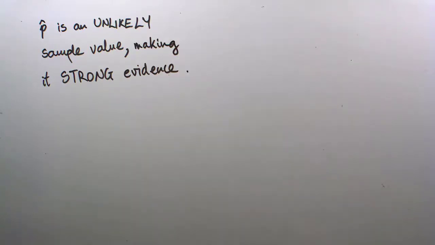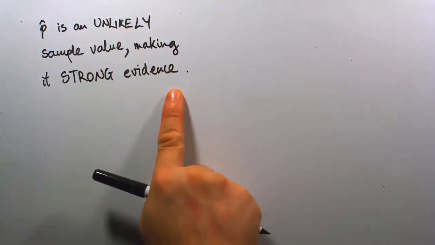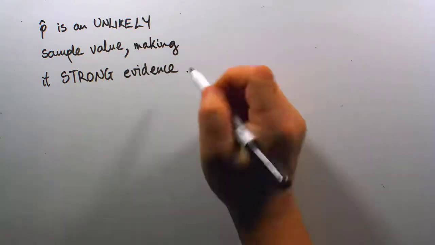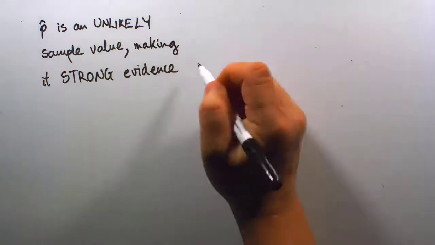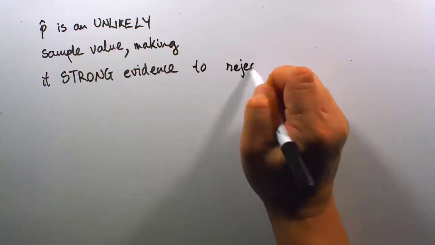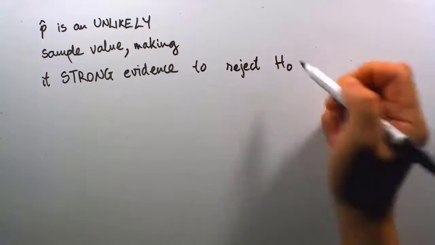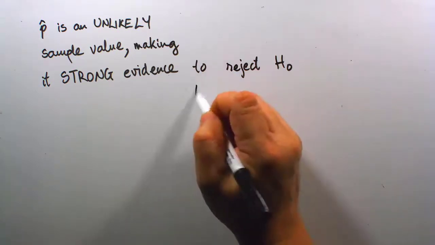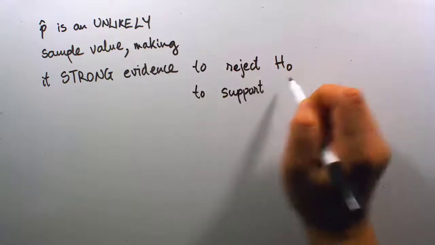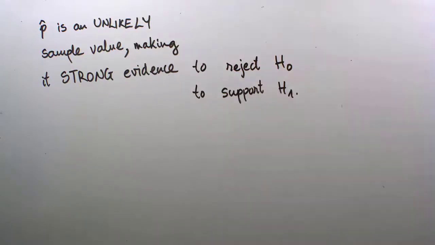And so ultimately, as I have discussed earlier, strong evidence here is for the purpose that we can either say to reject H sub 0, or we can also say to support H1, the alternative hypothesis.